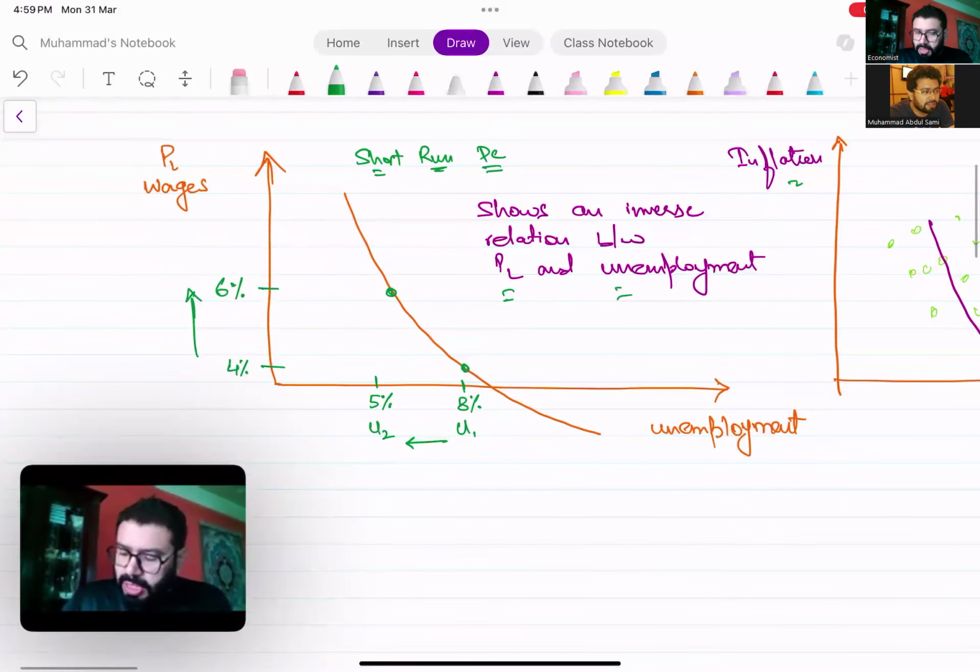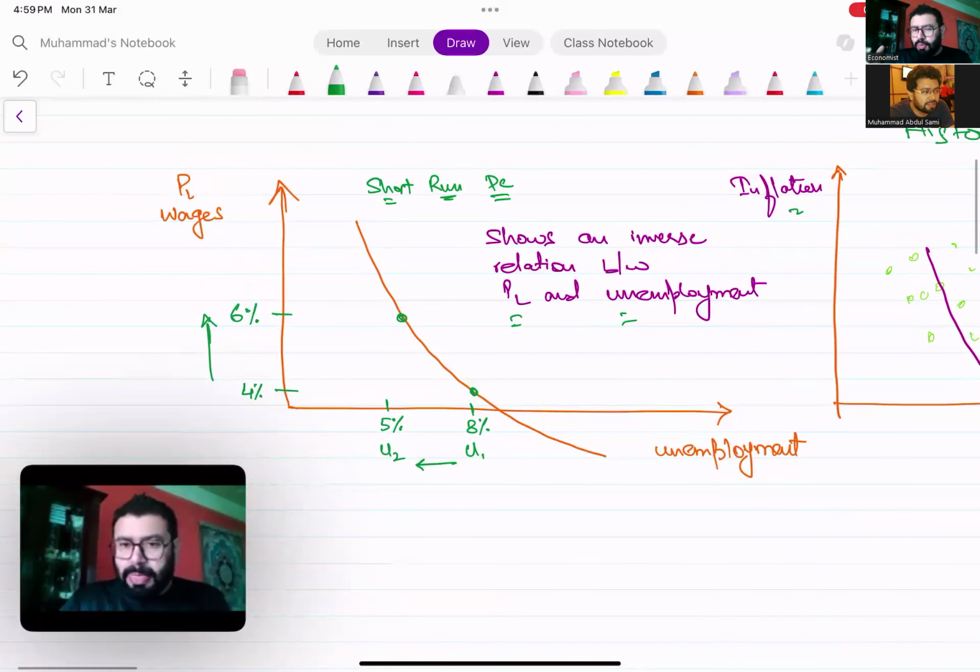Here is how it goes: when unemployment reduces, people get more jobs and their purchasing power increases, leading to demand pull inflation. We are aware that there are two main types of causes of inflation. One is demand pull inflation. The other one is cost push inflation.